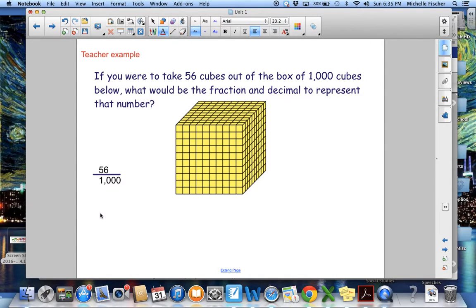So my decimal should be 0 and 56 thousandths. Again, my 6, since it's the last number in the 56, needs to be in the thousandths place because 1,000 is my denominator. And how I would say that number would be 0 and 56 thousandths. You want to say "and" in place of your decimal.